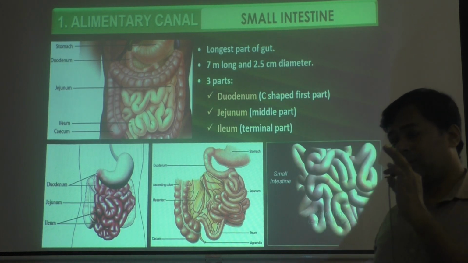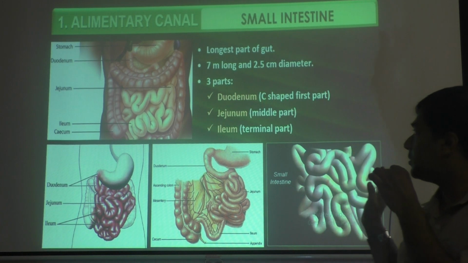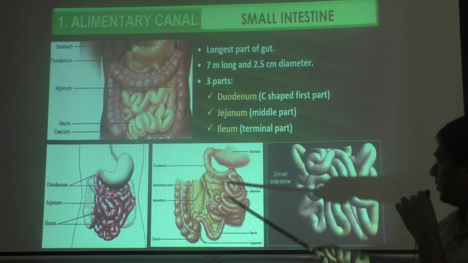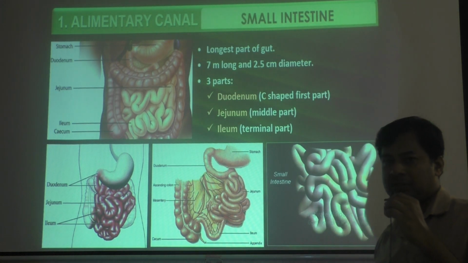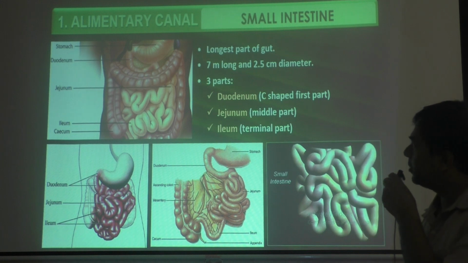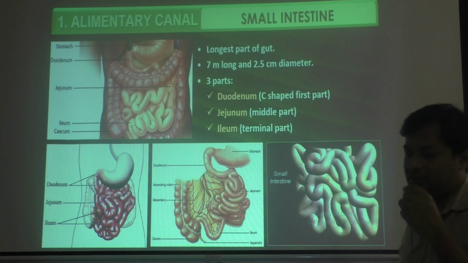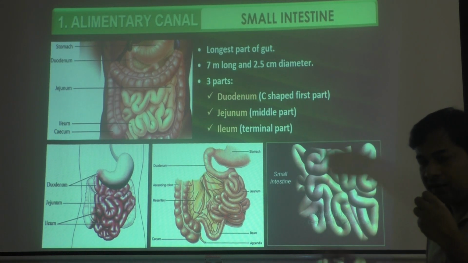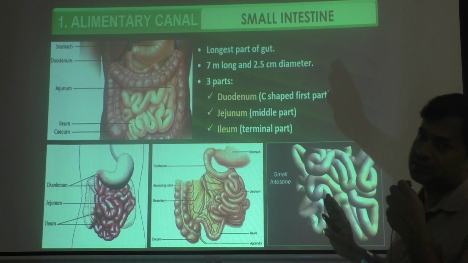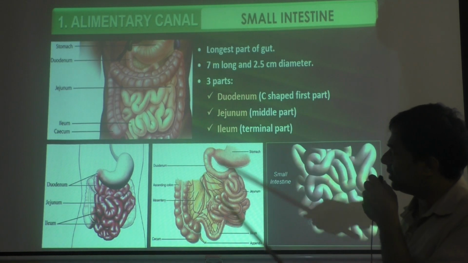In that 9 meters long alimentary canal, intestine is 7 meters long, which is a highly coiled structure. You can see it is fitted just below the stomach. So it is the longest part of the gut. Gut means alimentary canal. The longest part, because the entire gut is only 9 meters long, and in that 7 meters, more than 21 feet, is just intestine.